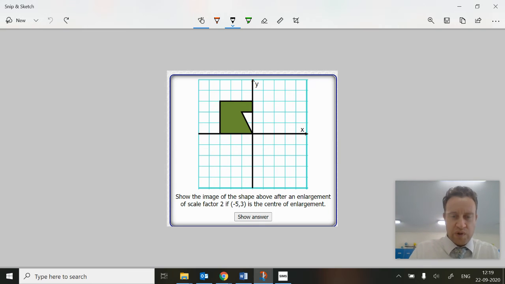But the coordinate point here is going to be -5, 3. So -5 and 3 up. So this coordinate point here. So this is not in the center here, but the same principle remains. Okay. So we're going to take the coordinate point. That's 2 across, and we're going to double that distance, and now that's 4 across from our center.